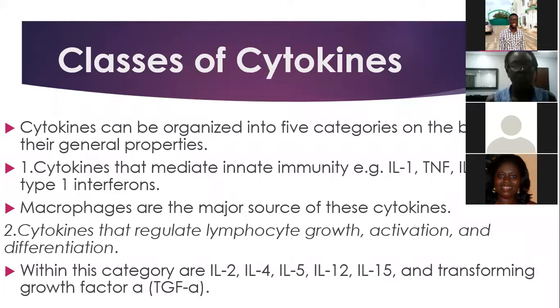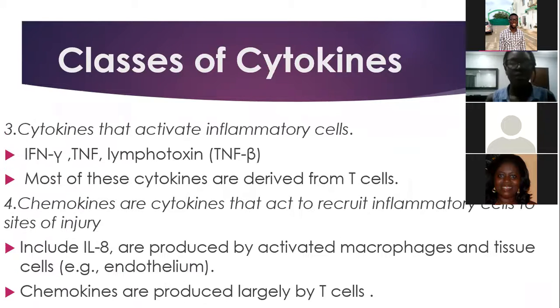So we have several classes of cytokines depending on what they do. There are 5 categories. The first category is the ones that mediate the innate immune system. Then we also have the ones that regulate lymphocyte growth, so they cause the lymphocytes to grow. Then we have the ones that are involved in the inflammatory process. That's why we met cytokines when we were talking about inflammation.